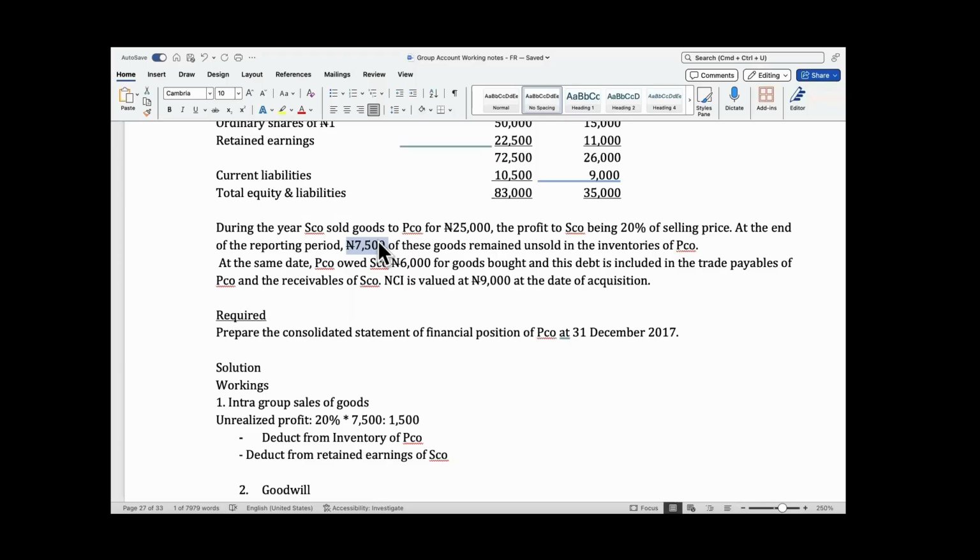The ones sold out to other people are fine, because the transaction is now beyond the two of them. They have consummated the transaction with parties outside of the group, which is okay. That kind of profit is the profit we want to recognize. Now the group has made profit. So on the 7,500 that has not been sold out, any profit loading on that is eliminated, which is 20%. So that's really all.